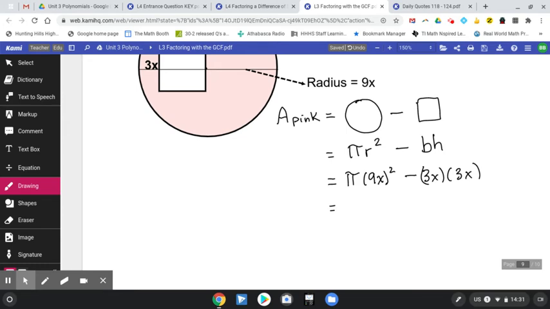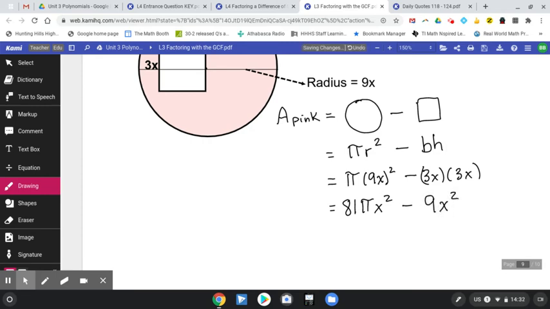So I have to square everything that is in this bracket. So I'm going to get an 81x squared. And then I've got to multiply by that pi. But we're going to keep it written in terms of pi. So it'll be 81 pi x squared minus 9x squared.